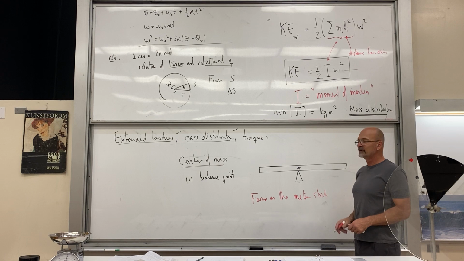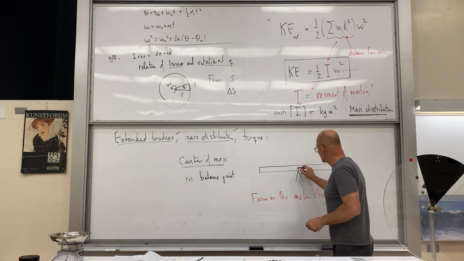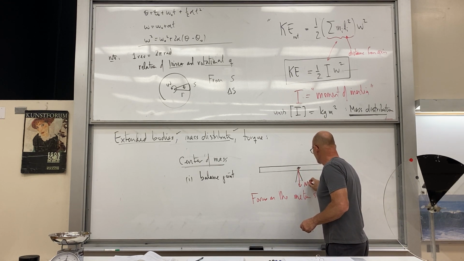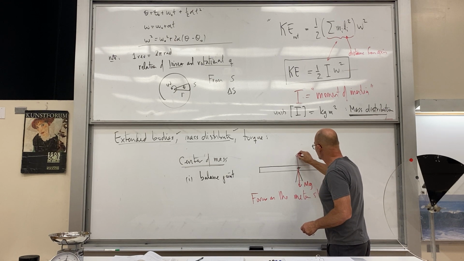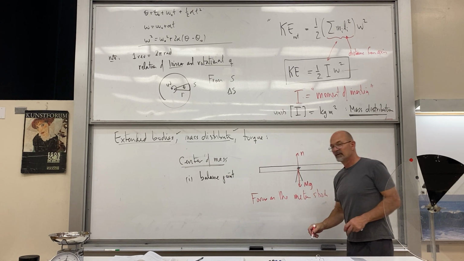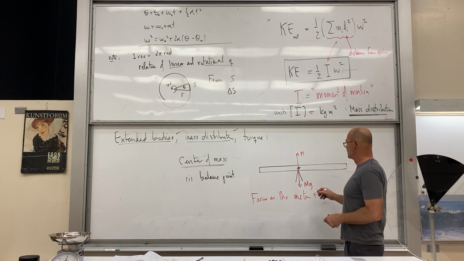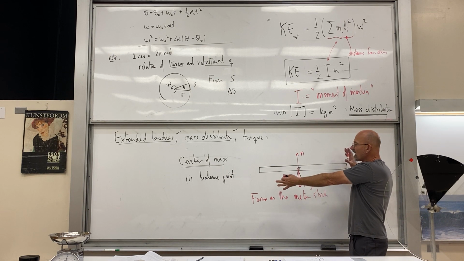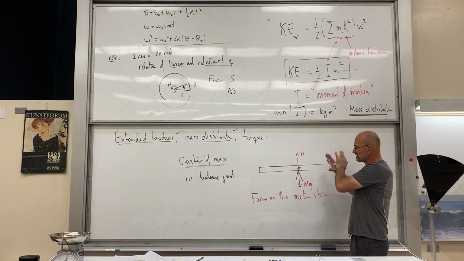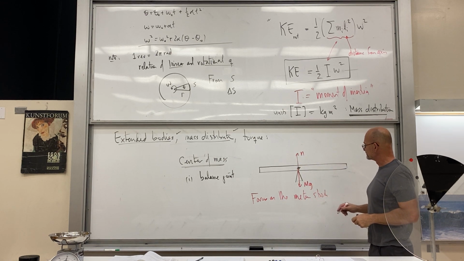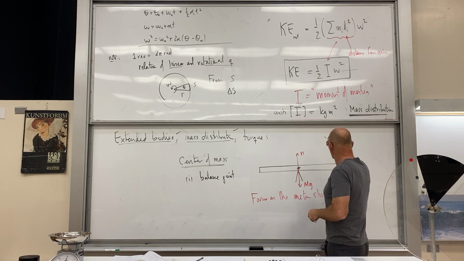Now we have practice with this, so we say, good. There's its weight, and there's a normal force. You'll notice the meter stick is not twisting or anything, it's just at rest. So you have the weight and the normal force.